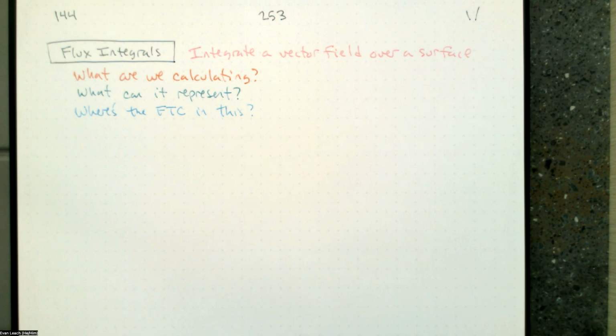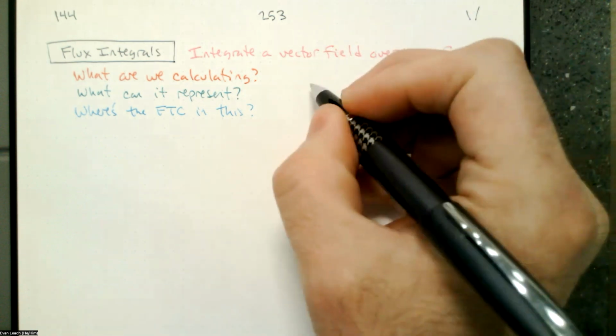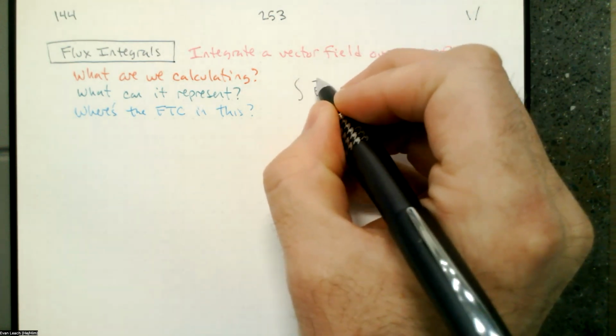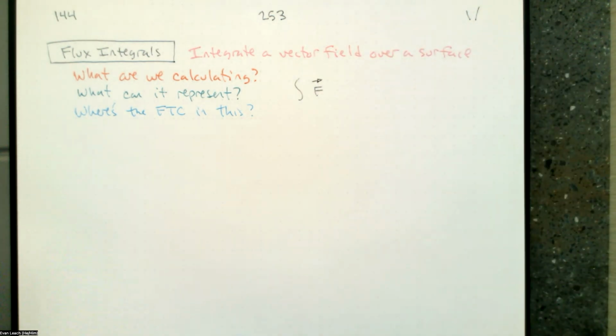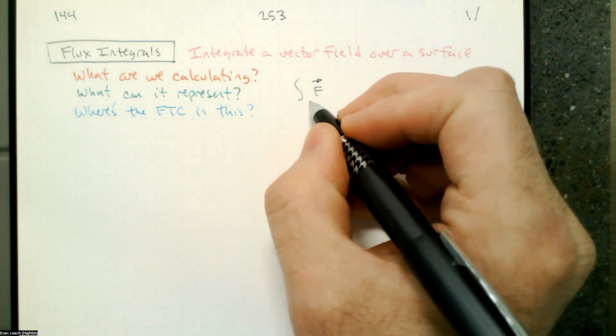It's fine. We'll integrate a vector field over a surface. So here's what we're going to write. First of all, we're doing an integral, so we have to decide where we're going to calculate the integral.